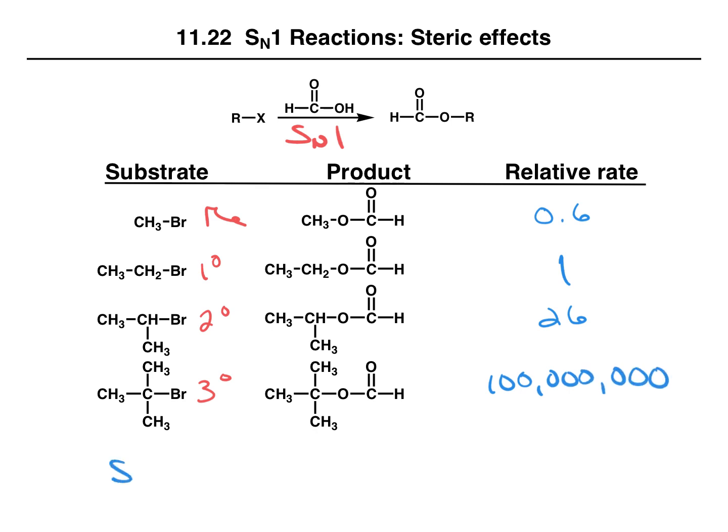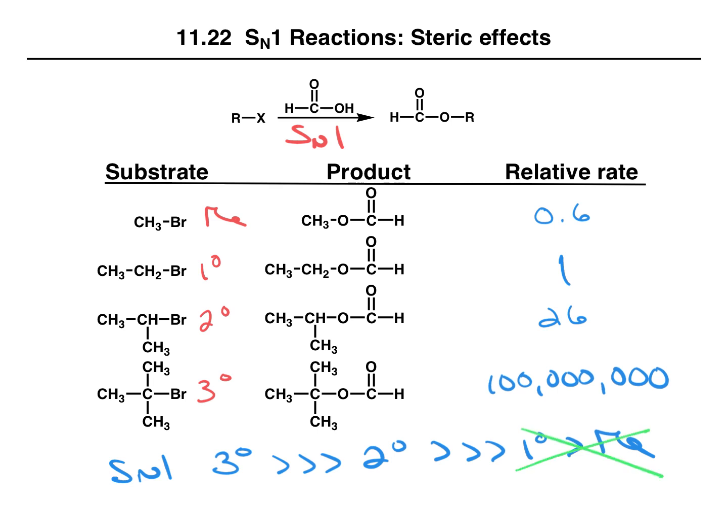So for SN1 reactions, tertiary alkyl halides react much faster than secondary, which react much faster than primary, which are much faster than methyl. So primary and methyl alkyl halides are normally not going to undergo SN1 reactions. This was a way just to force it to happen, really just to demonstrate that this reaction is really bad.